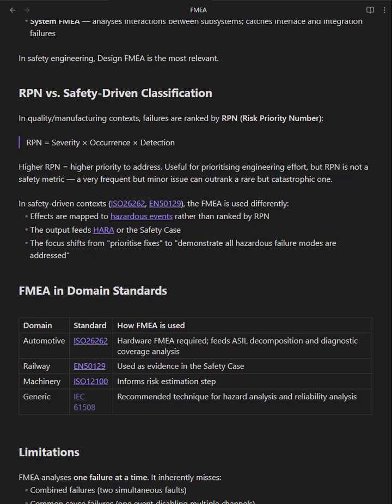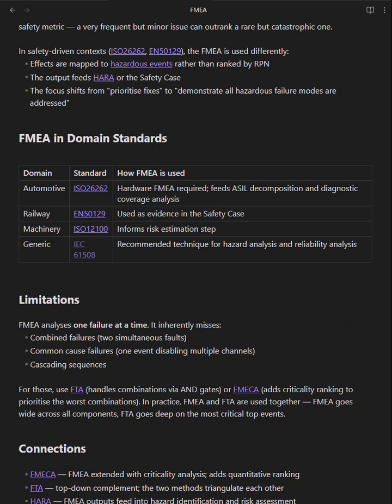Also in machinery with the ISO 12100, it informs the risk estimation step. There we consider hazard identification, and then we need to do a risk estimation. So the FMEA itself helps there, and in general the IEC 61508 lists it as a recommended technique for hazard analysis in general and reliability analysis.